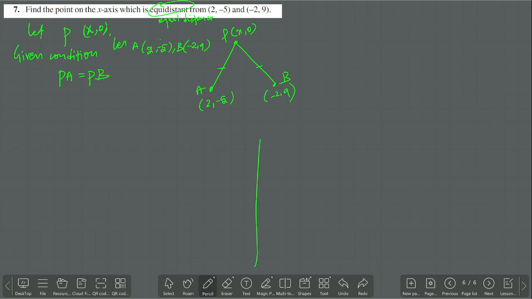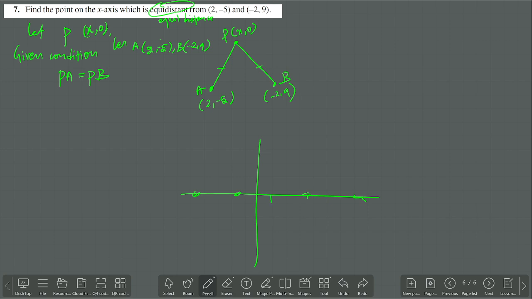We have an x-axis, my dear. On the x-axis, we have some point somewhere. We don't know where it is. It can be here, it can be there, but it is on the x-axis. And they are telling that the point is equidistant from 2 comma minus 5 and minus 2 comma 9.